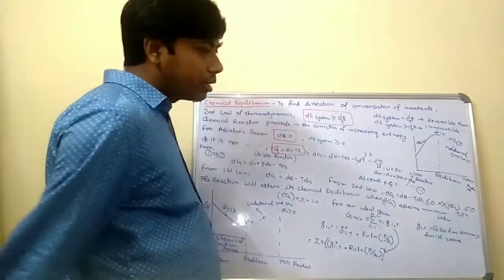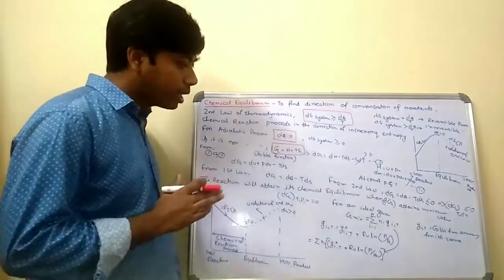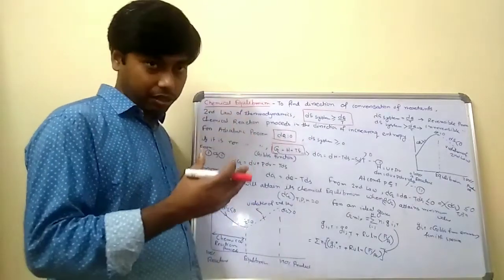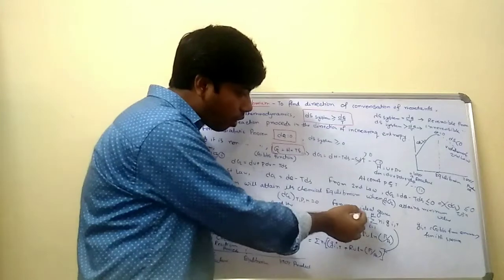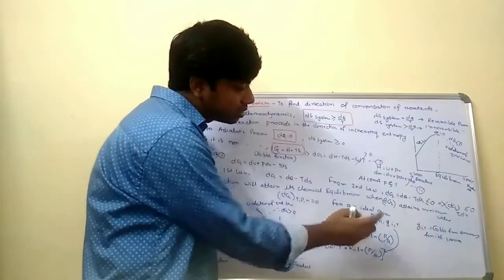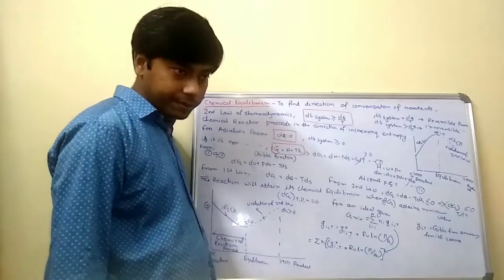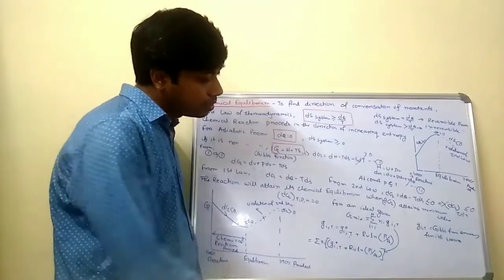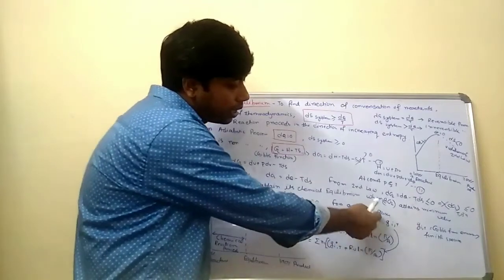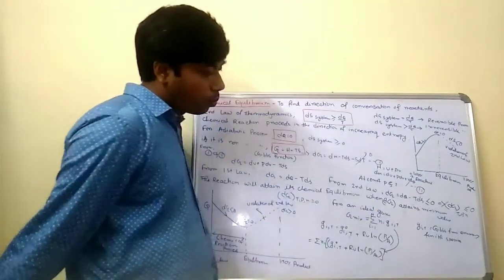Now if you consider an ideal gas, and you have a mixture of ideal gases, then you can write it in this form: G mixture, meaning the Gibbs free energy of the mixture, is equal to the summation from i equals 1 to N of Ni Gi,T. Now what is Ni?